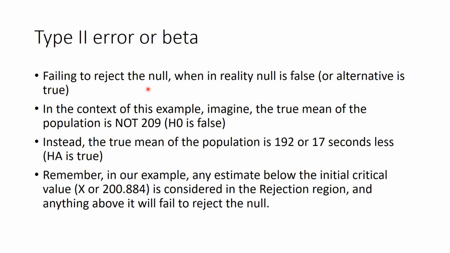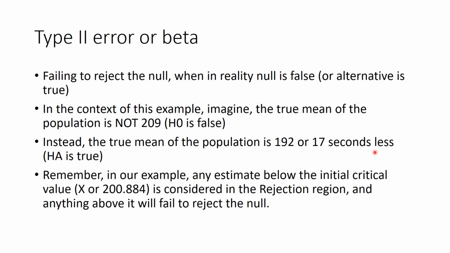So in the context of our example, imagine the true mean of the population is not 209 seconds. Our null hypothesis is false. Instead, the true mean of the population is 192 seconds, or 17 seconds less.